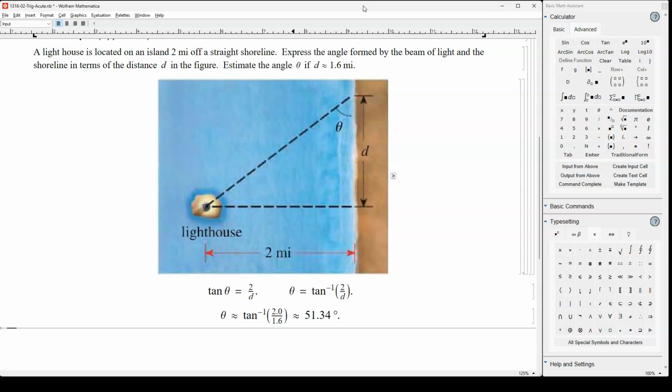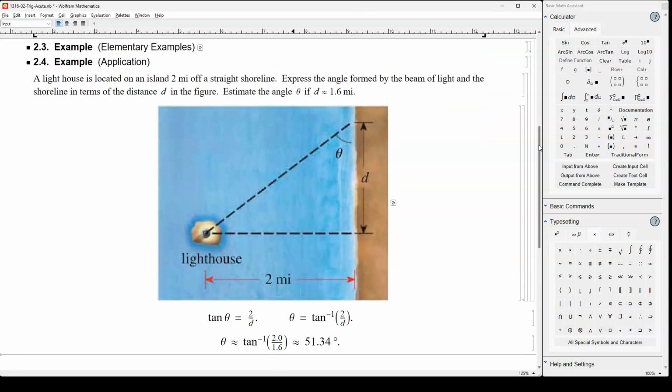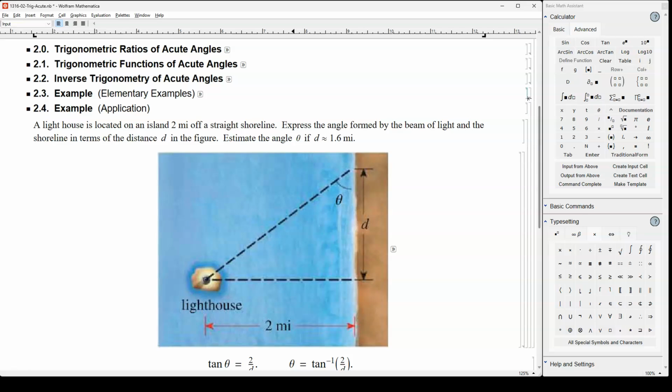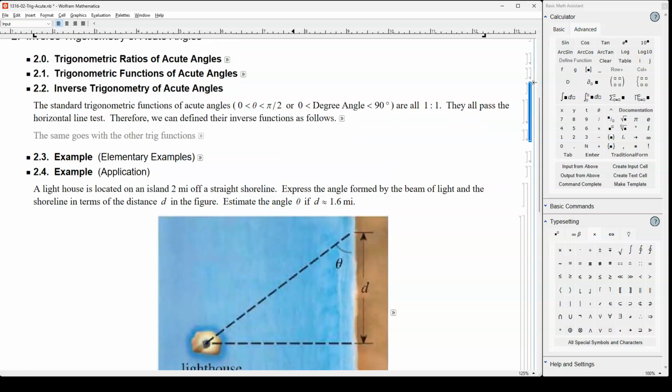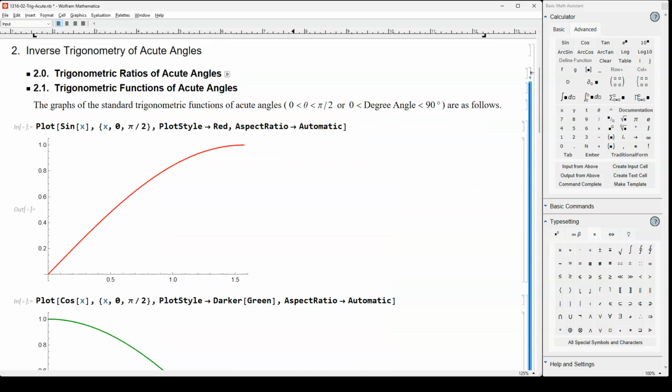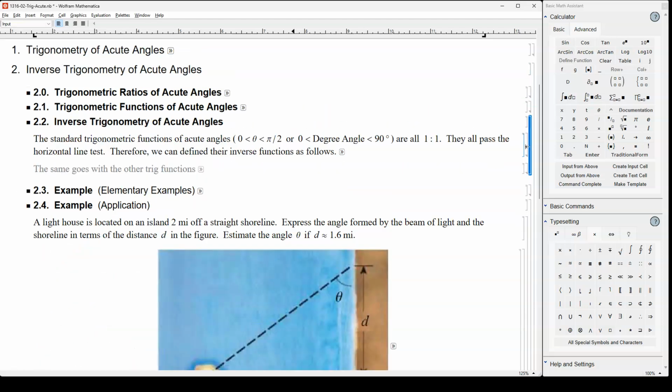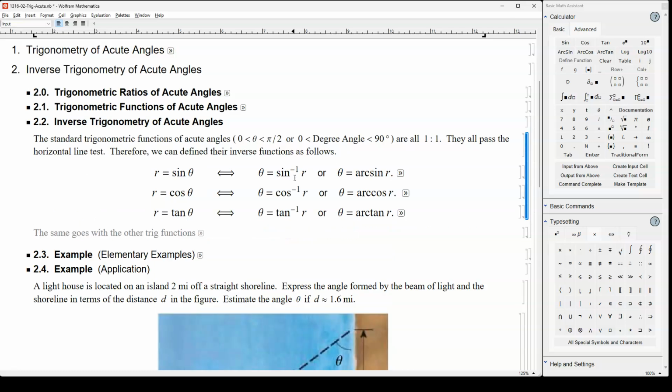In a similar problem, if you have to find an angle, then you'll have to use inverse trigonometry. Arcsine, arccosine, or arctangent, or inverse sine, inverse cosine, inverse tangent. I mean, both expressions are correct. Inverse sine, arcsine, they're the same.